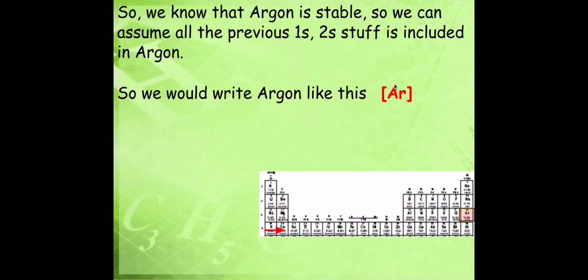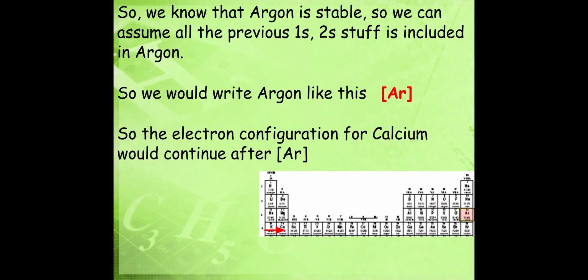So when we write this square bracket for argon, it means that out of the 20 electrons in calcium, I have already added all the 18 in argon. So that's why it's a shortcut. It's much easier when you understand this method to write the electronic configuration. So when you write a square bracket, it means that the first 18 electrons of calcium are already included in here.